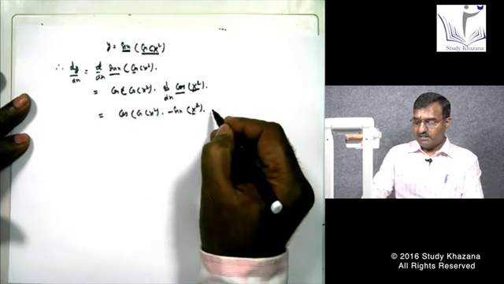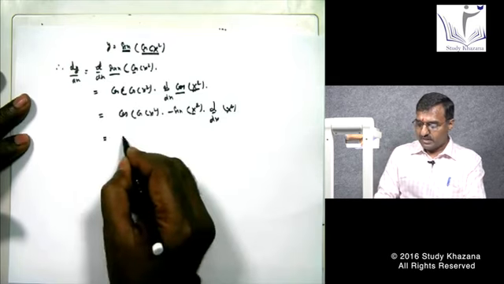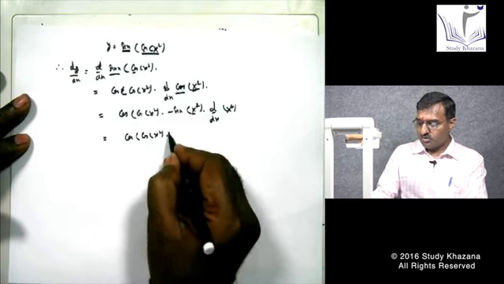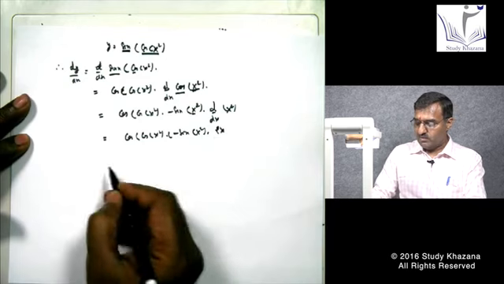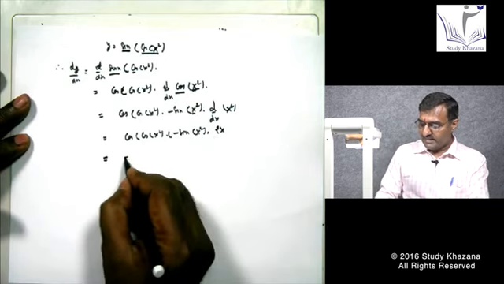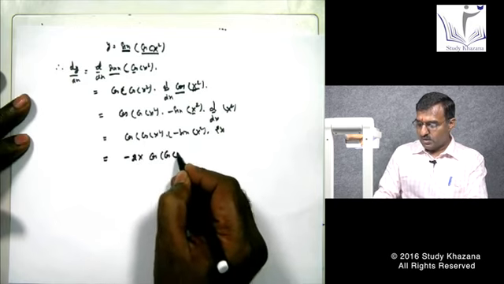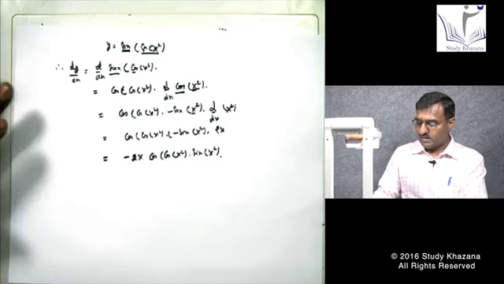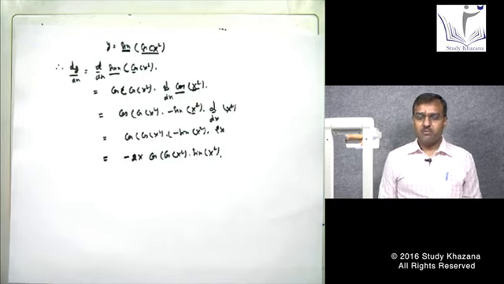Now I will take the derivative of this x square, so d by dx of x square. So this is cos x square, minus sin x square into 2x. So here this can be written as minus 2x cos x square into sin x square. You will see both the answers are the same, but this method is quite easy.